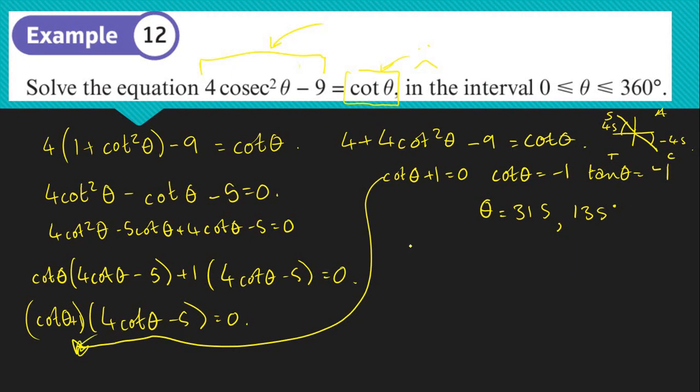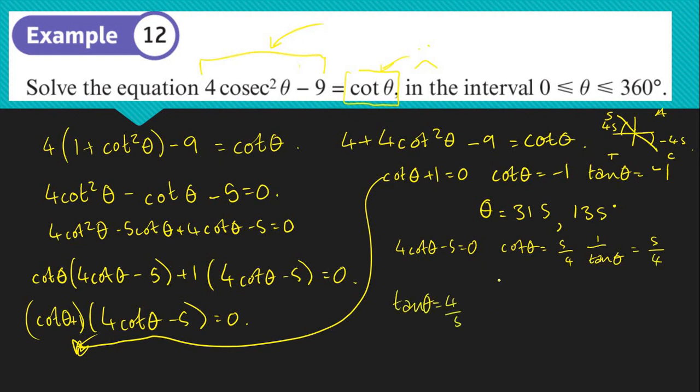The other bracket, you've got 4 cot theta minus 5 equals 0, and so therefore cot theta is equal to 5 quarters, which is fine. It's allowed to be, isn't it? And so that's 1 over tan theta equal to 5 quarters, which means that tan theta must equal 4/5.